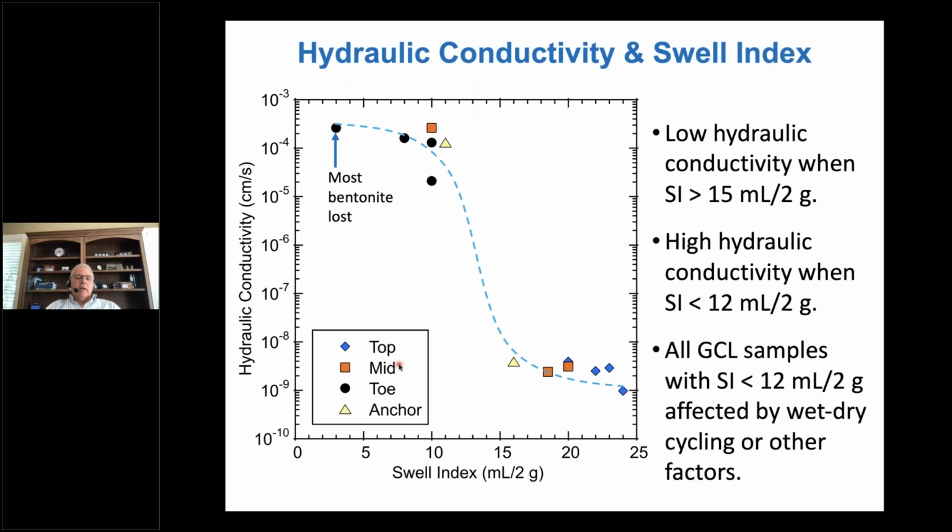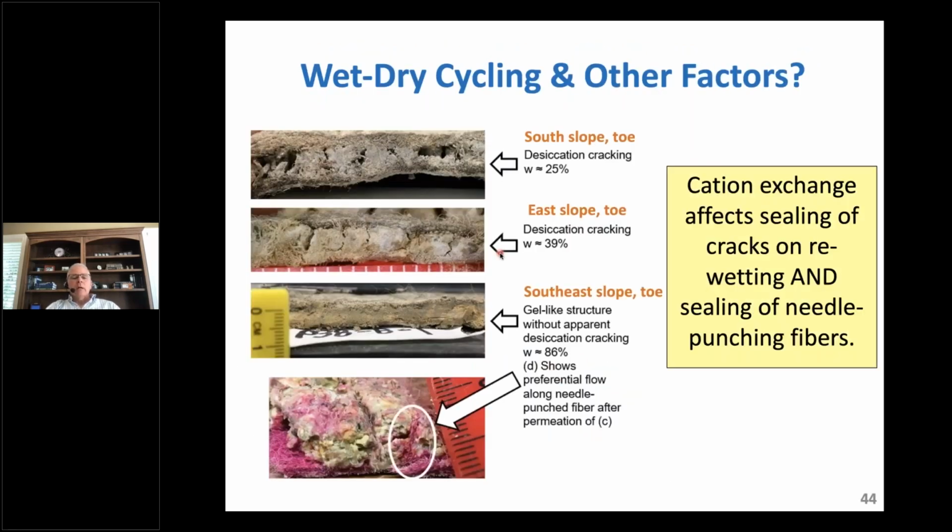We look at the hydraulic conductivity of the samples, very closely tied to the swell index, because it should be, right? We know that's the case. Very permeable when the swell index is low, less permeable when the swell index is high. In fact, almost a step function. And if we look at some other factors, again, wet dry cycling, really clearly evident. South slope, toe, desiccation cracking, clear there.